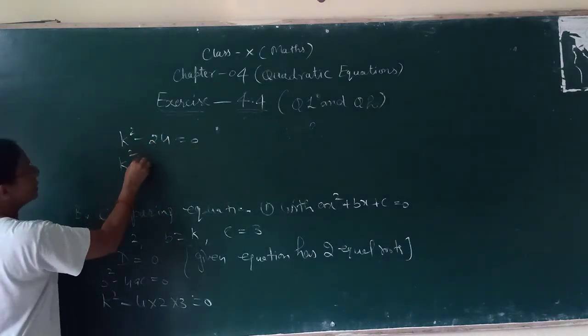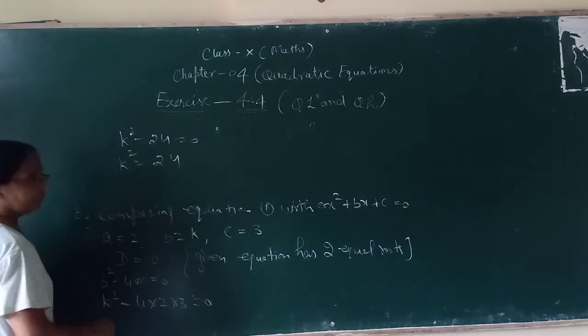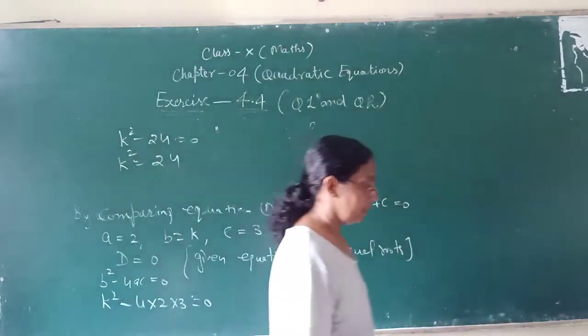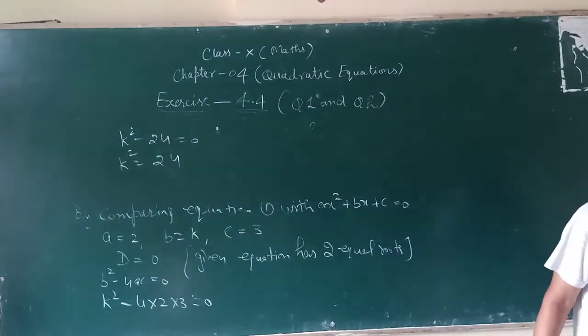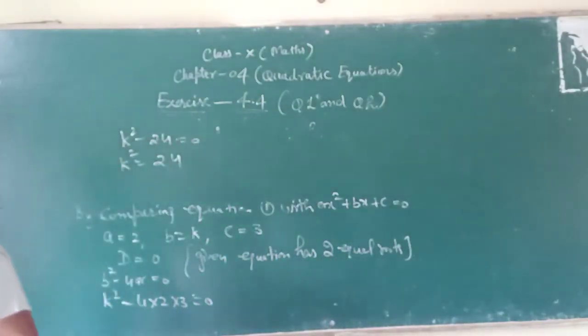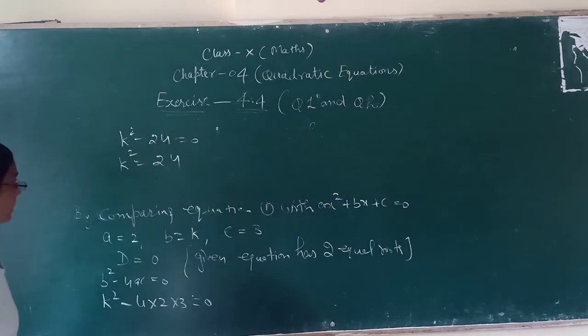Then k square is equal to 24. 24 is not a perfect square. This is not a square of any special number. In such a condition, if there is a perfect square like 16 or 25, you can say 4 square, 5 square, but with plus minus sign.